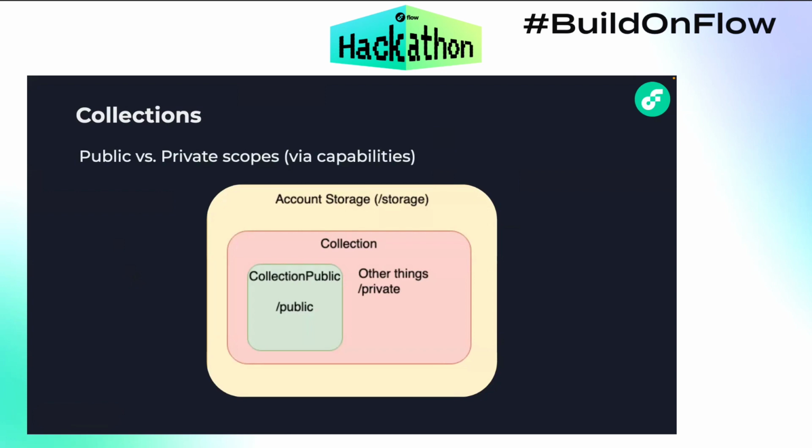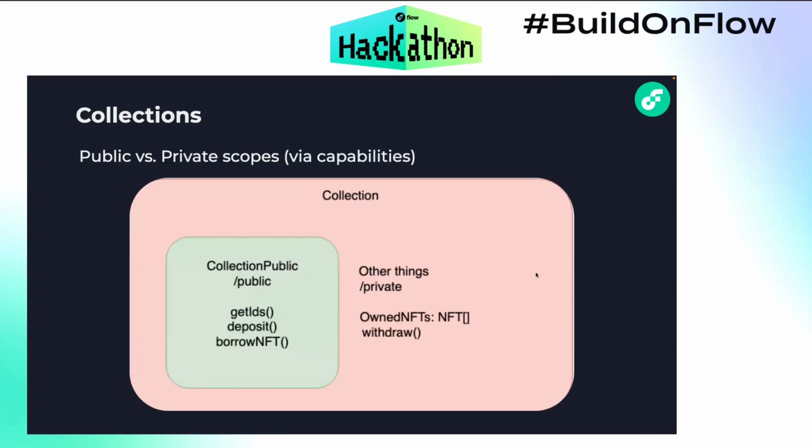In the collection public half, typically what you would have is things like get IDs, which will let anybody see what exact NFTs you own. Then you would also have something like the deposit function, which allows people to give you more NFTs of that type. So like deposit it into your collection.